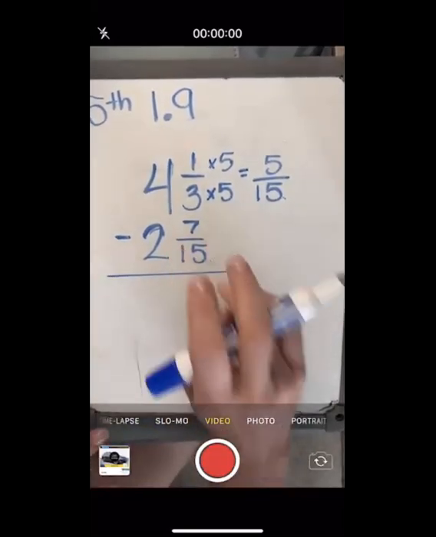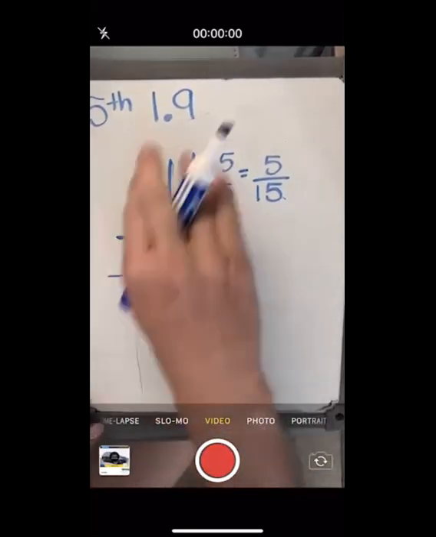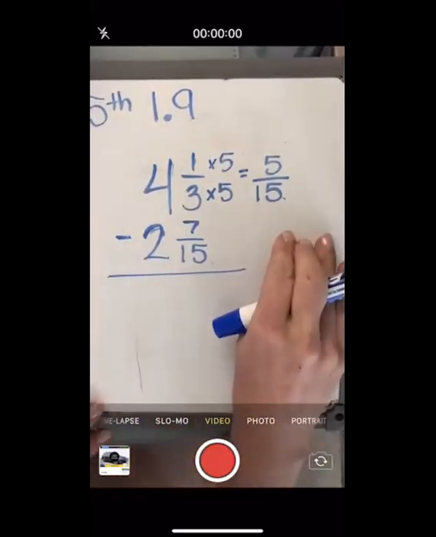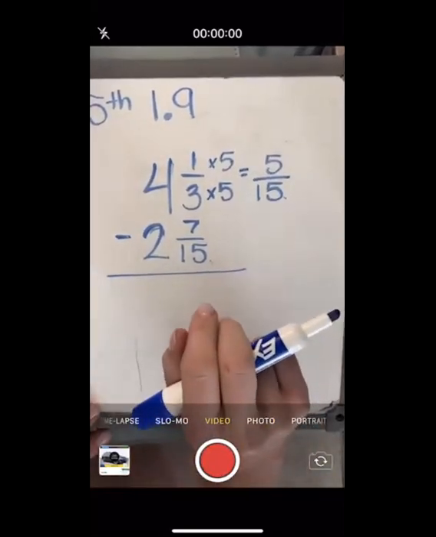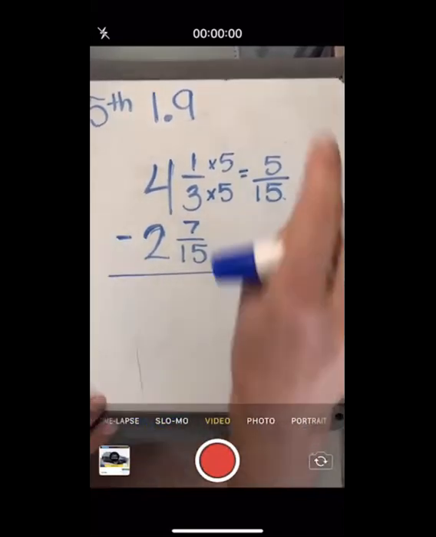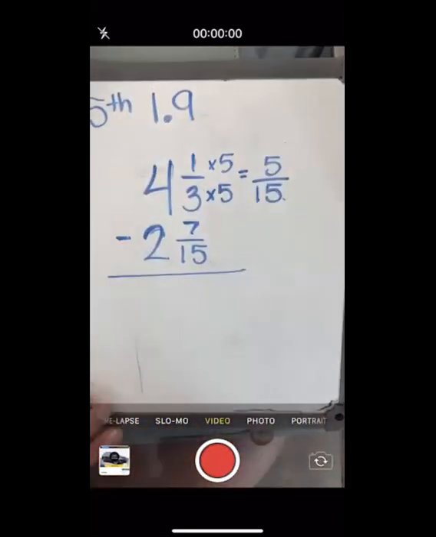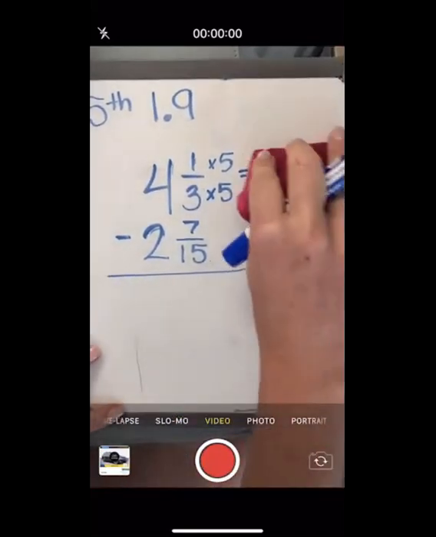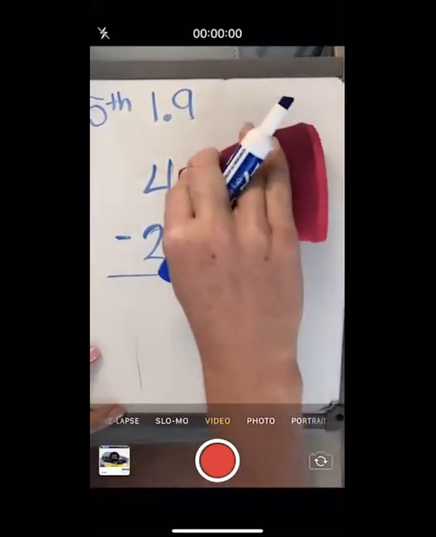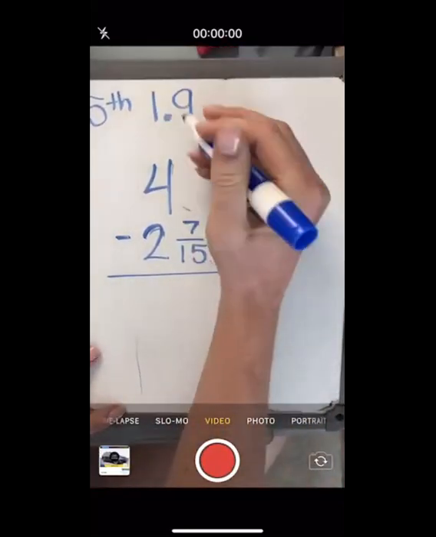So now, if you want, you guys could leave this how it is. I know for some of you, you like it to be very organized. So what I'm going to do, hopefully you have this in your notebook, is move my 5/15 over. So now you guys can see it lined up on top of each other.